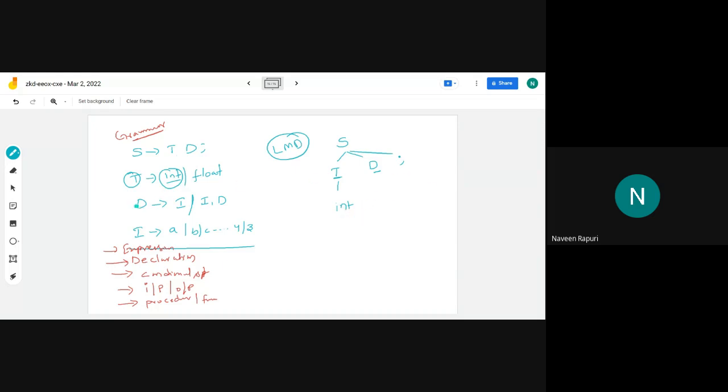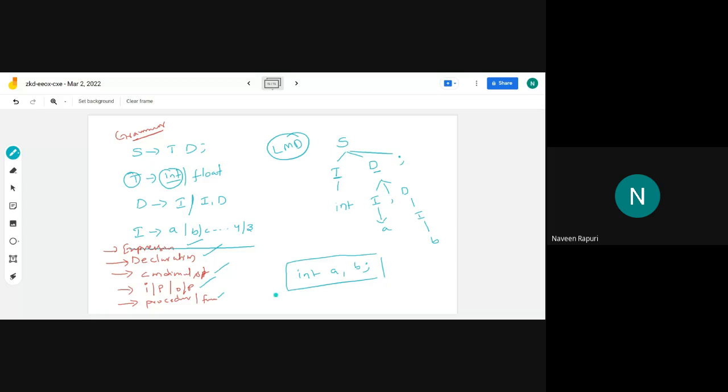Next, D can be replaced with I or I comma D. Suppose I take I comma D, here I is replaced with a and D with I, and again I is replaced with b. So it looks like int a comma b semicolon. So what is this? Is it an expression, a declaration, a condition, an input or output, or a function or procedure?